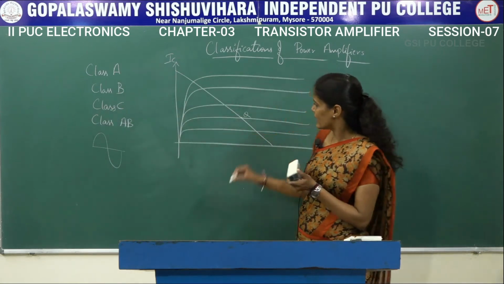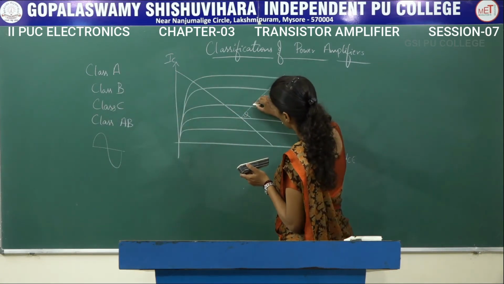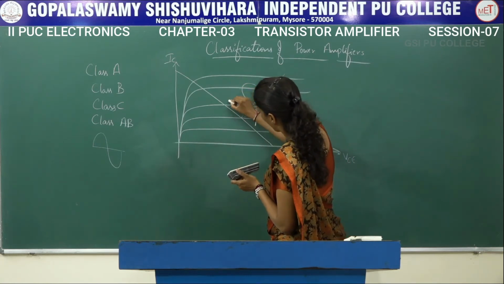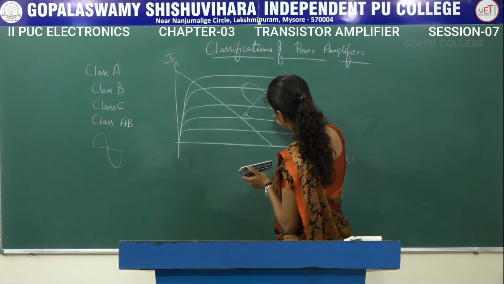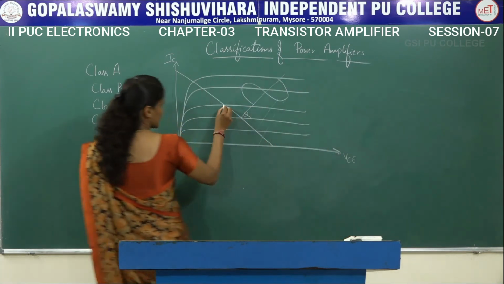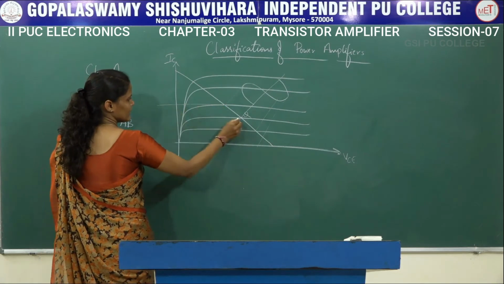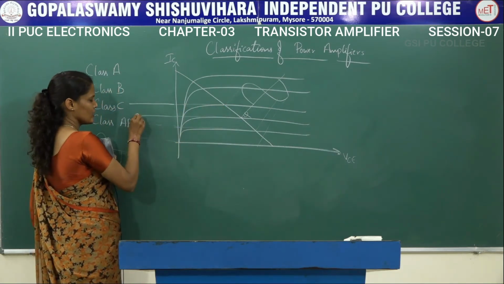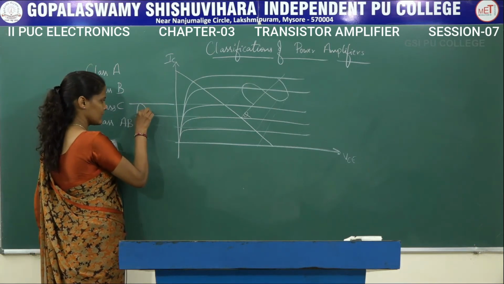For the input cycle which is varying like this, if I plot a graph, we will be getting the output. We are going to get a graph like this.